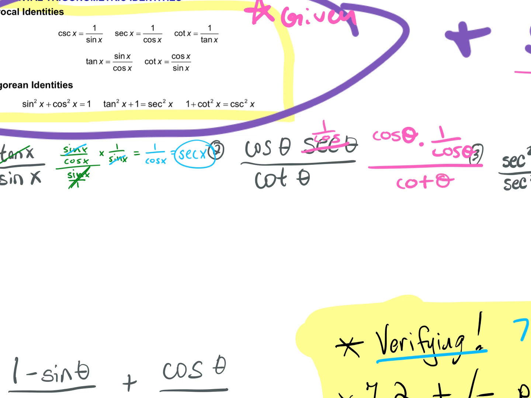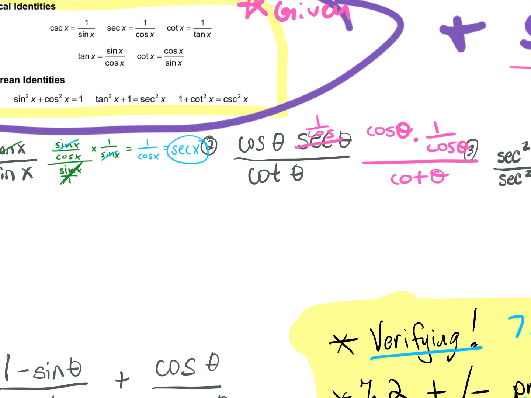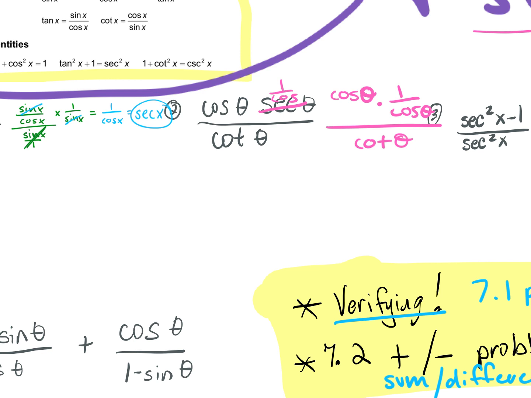We'll see, because we now have 2 cosines on the top. What's cosine times 1 over cosine? 1. It'd be cosine over cosine, which is 1. They cancel out when you have a cosine multiplied on the top and on the bottom. So now we have 1 over cotangent. What does 1 over cotangent change to? What's the reciprocal of cotangent? Tangent. So this would be tangent theta.